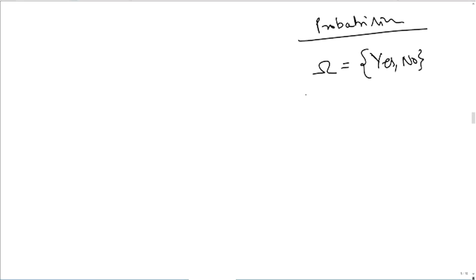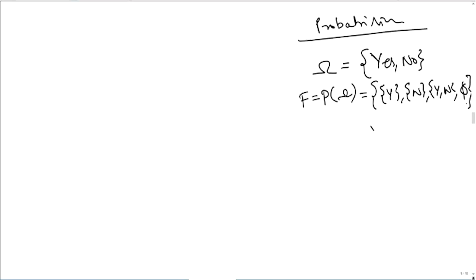And the event space, let us represent event space by F, which is the power set of your sample space, is a set containing yes, no, and an empty set. So these are all the possible events. This is E1, this is E2, this is E3, this is E4.